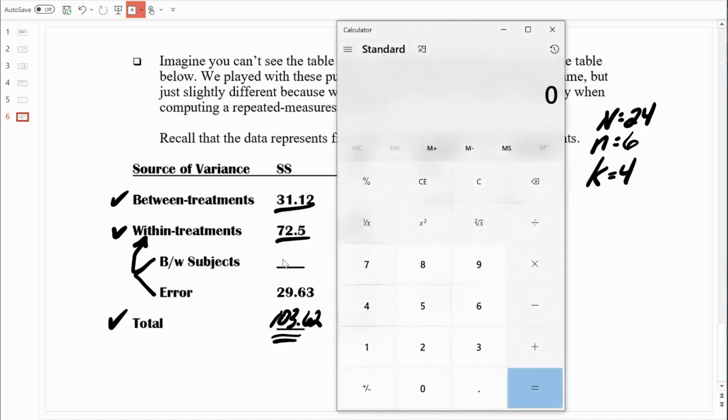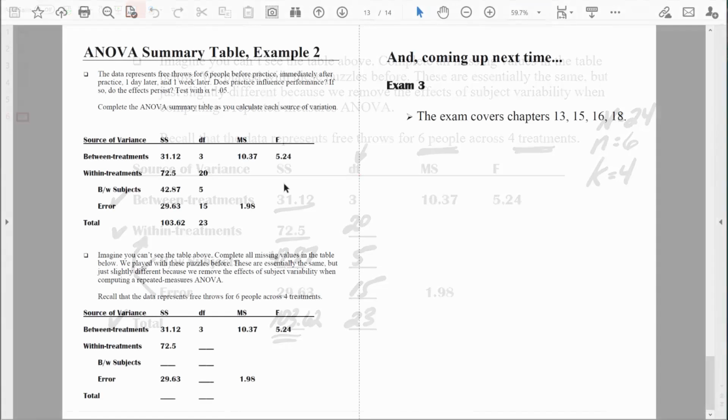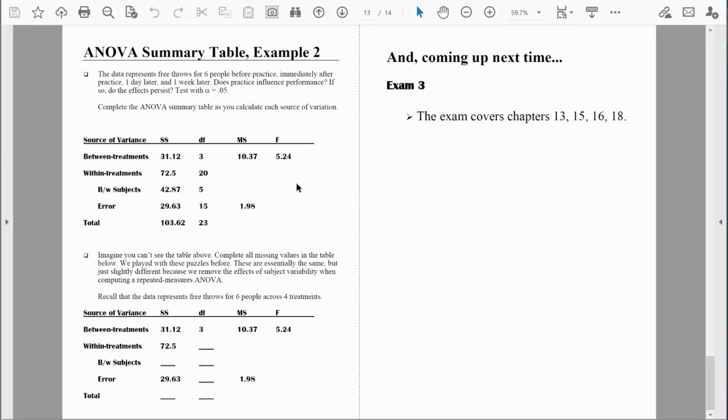So let's do that. 72.5 minus 29.63 equals 42.87. Well, that's it. We completed the puzzle. If you check this right here, what we just did, with the summary table we completed previously, you'll see that they're the same.